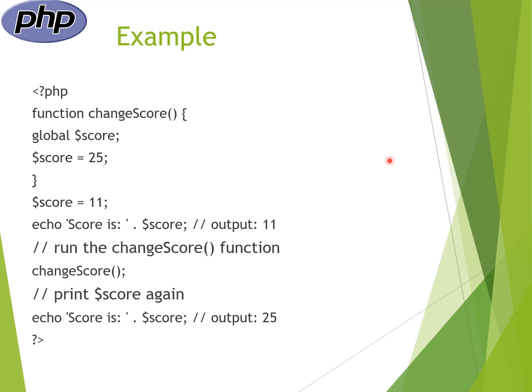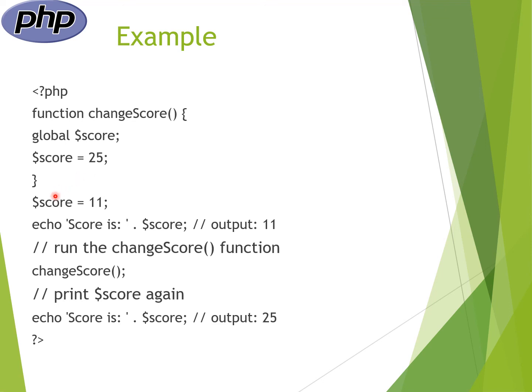Now we can see another example. PHP code: a function changeScore with global $score = 25. We are creating a function called changeScore. In the changeScore function, we declare a global variable score, and then score has the value 25.